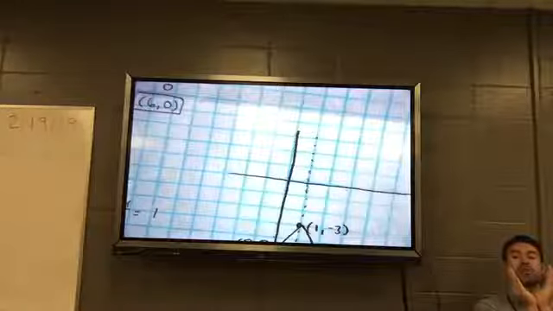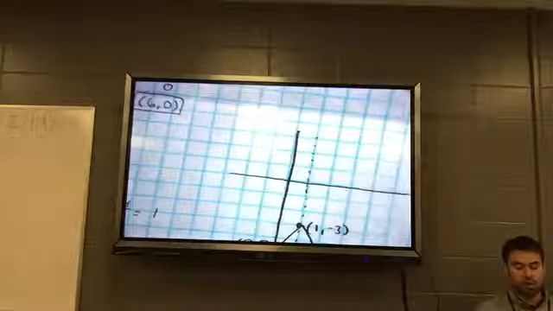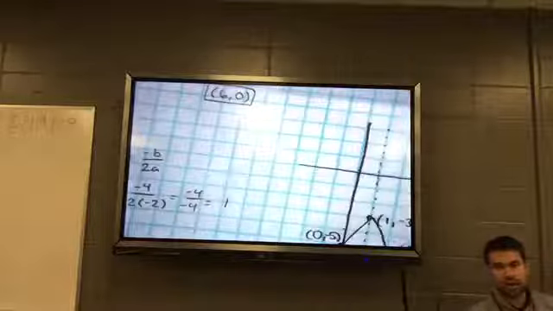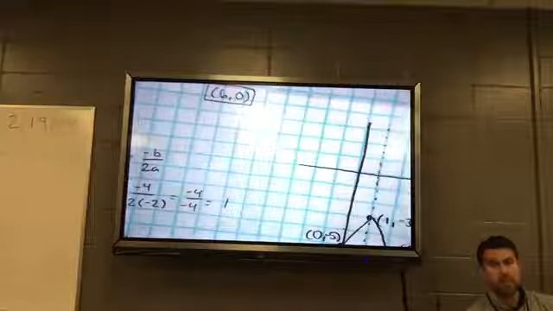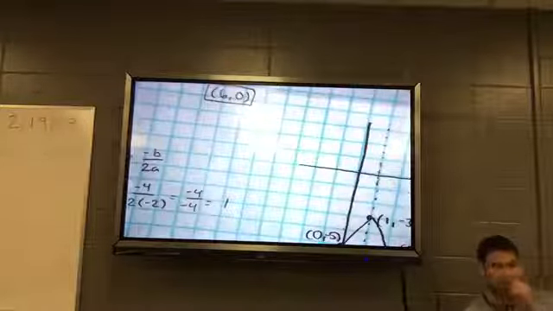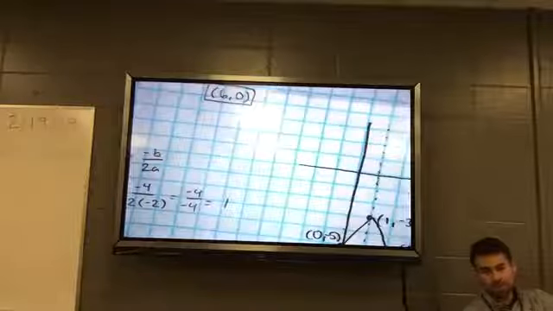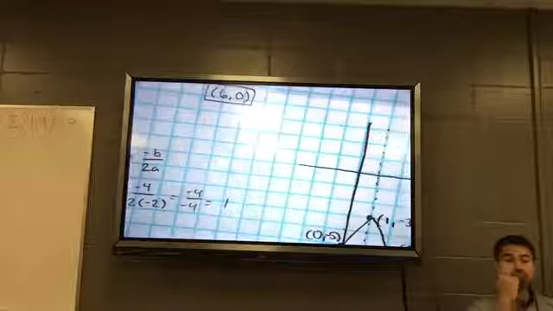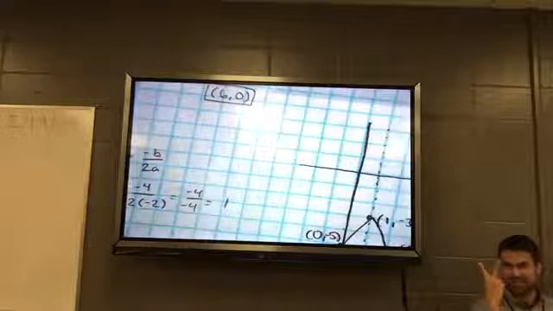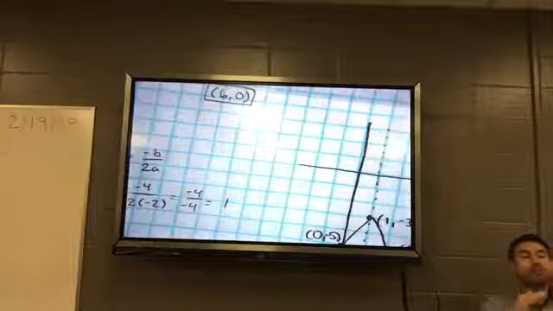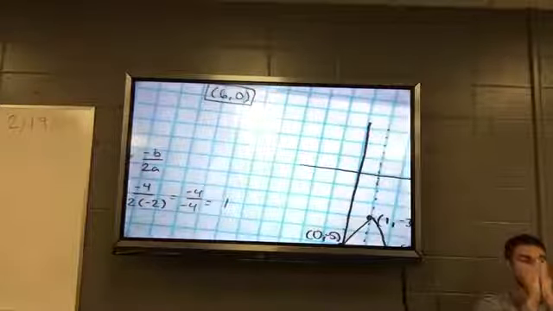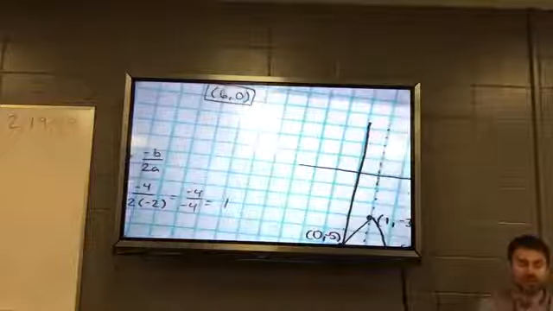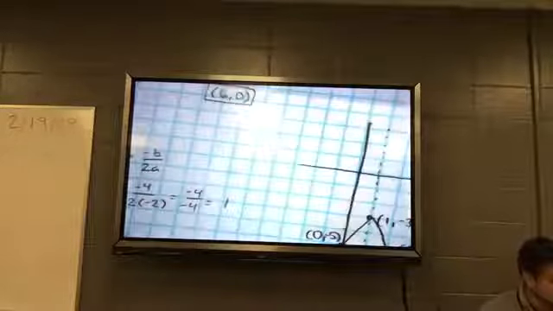The way you know that, and this is just info for you, what's A on the first graph? Positive 1. What's A on the bottom graph? Negative 2. You guys looking at it? So the higher the number gets, the skinnier the parabola gets. Absolute value, technically. And you will get fractions.